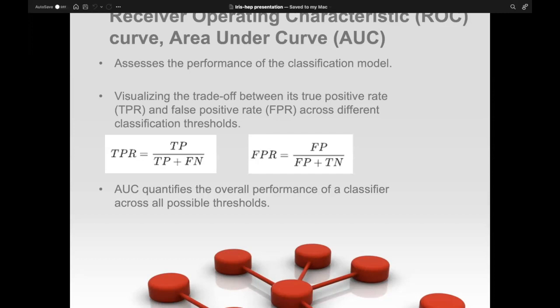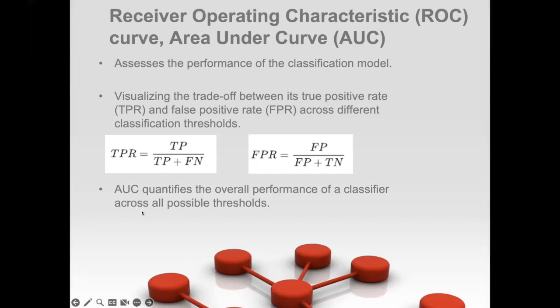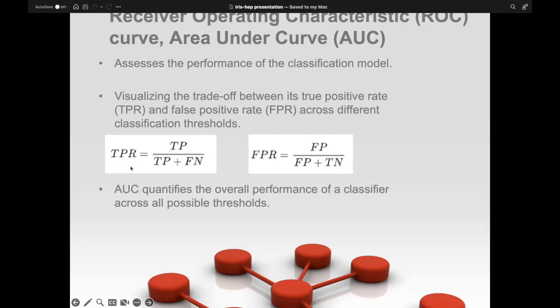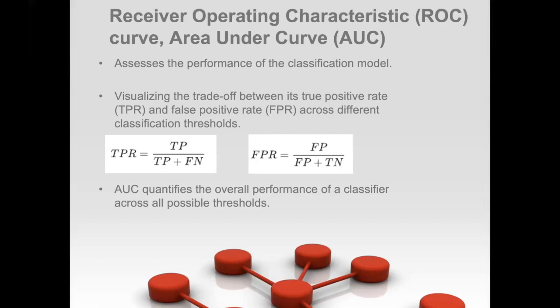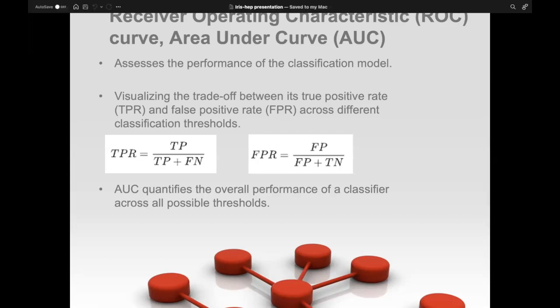False positive or false negative would incorrectly predict a positive or a negative class respectively. These are the equations that you use to determine true positive and false positive rates. It visualizes the trade-off between the true positive rate and false positive rate across different classification thresholds. And the area under the curve quantifies the overall performance of a classifier across all classification thresholds.